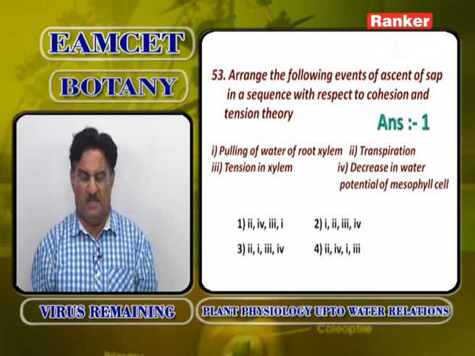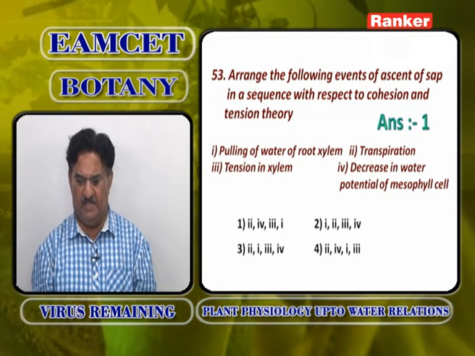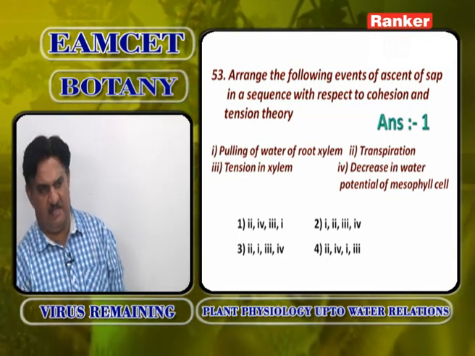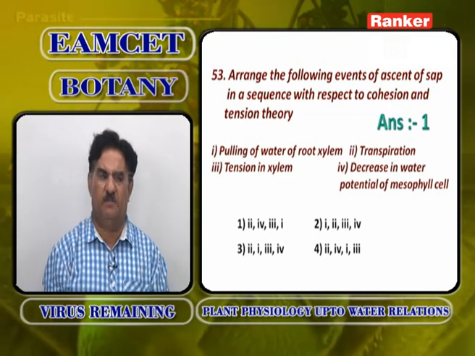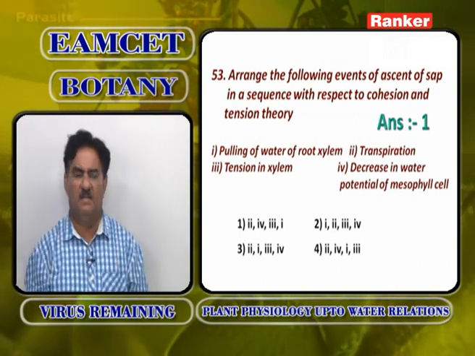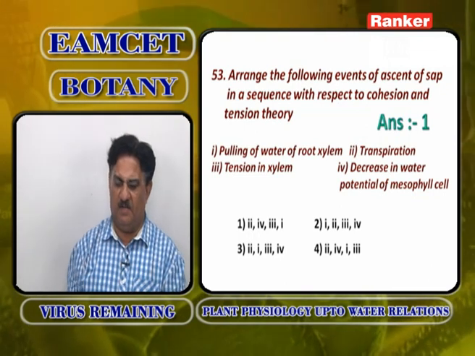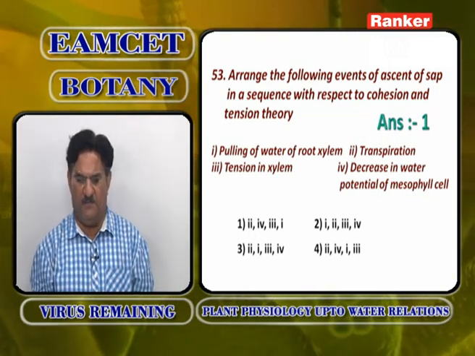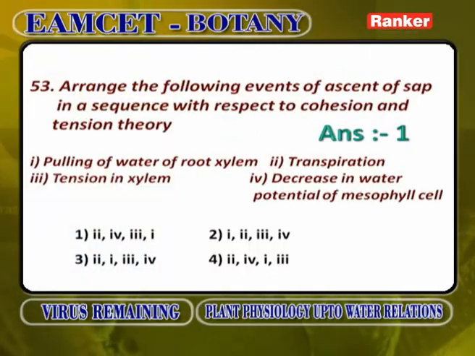So first transpiration, then decrease in water potential of mesophyll cells, then tension in xylem, and finally pulling of water from root xylem. So the answer is 2, 4, 3, 1, the correct sequence of events in cohesion tension theory.